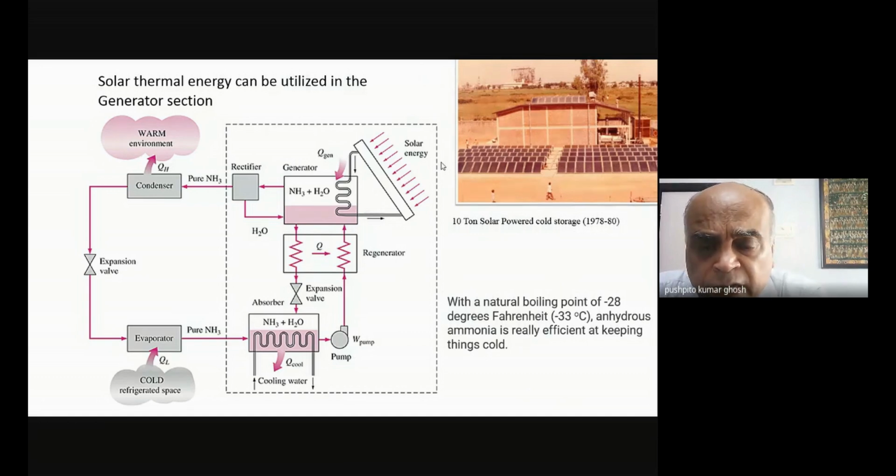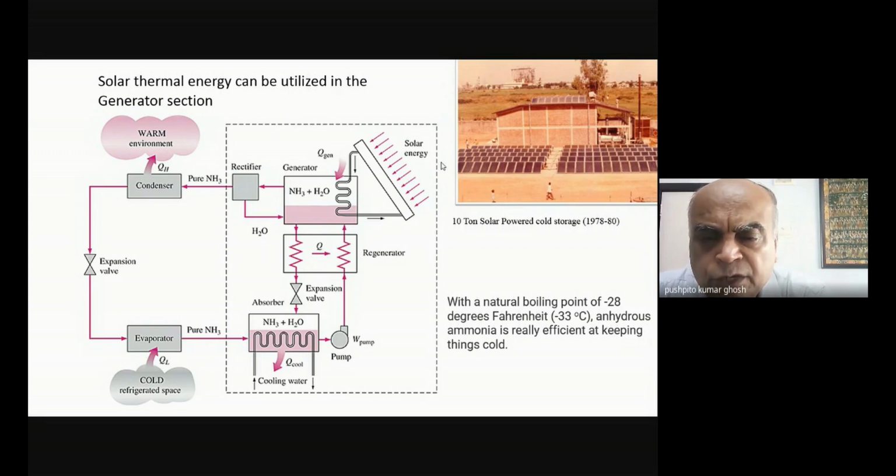Now let us look at a very different kind of application of solar thermal energy. It's still solar thermal energy, and for example, this is an application in refrigeration. Now, this would be great. Like in many places, let's say in farms, they're producing vegetables, and it's perishable.